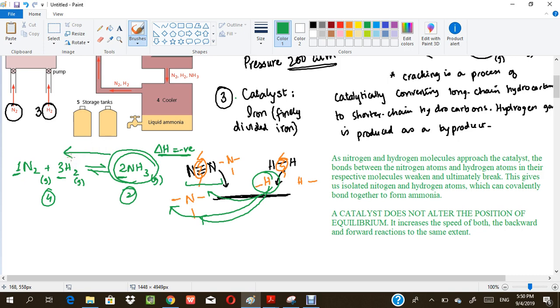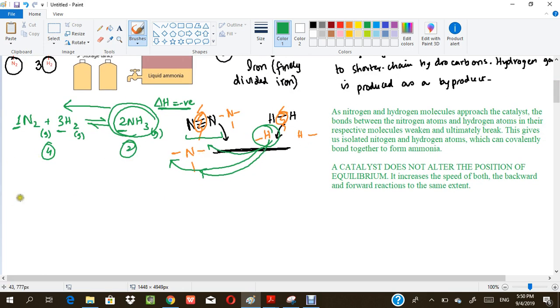The reason being that if we take lower temperatures, even though that is going to increase the yield of ammonia, it is going to decrease the rate of reaction significantly. Remember in the video on rates of reaction, I told you that there are two separate things that we have to consider. One thing is the rate of reaction, and the other thing is the position of equilibrium.